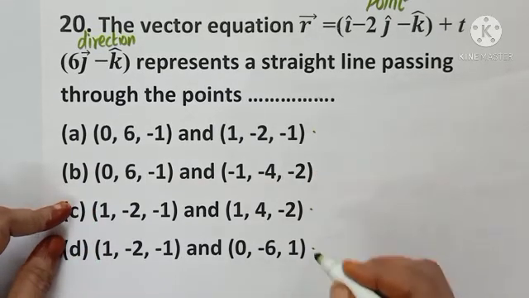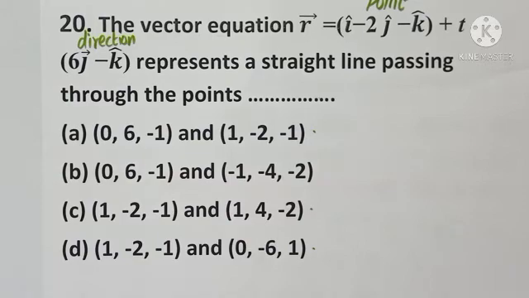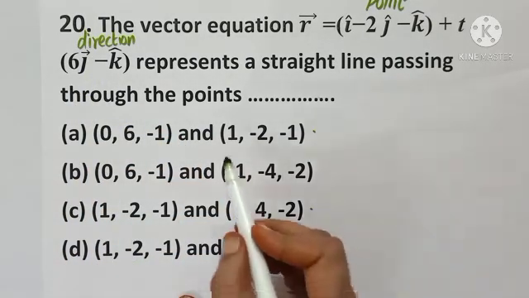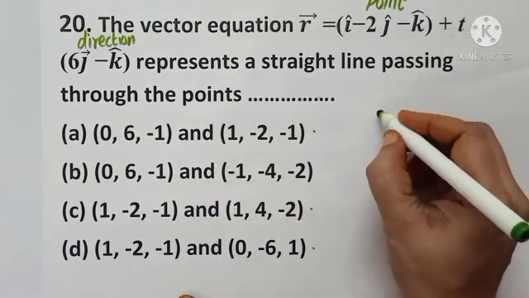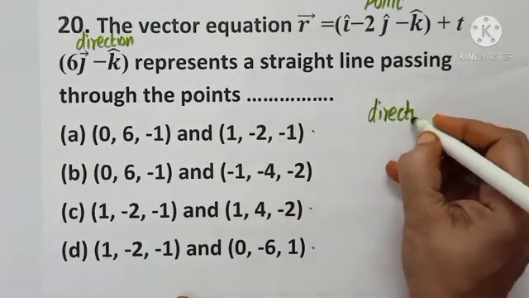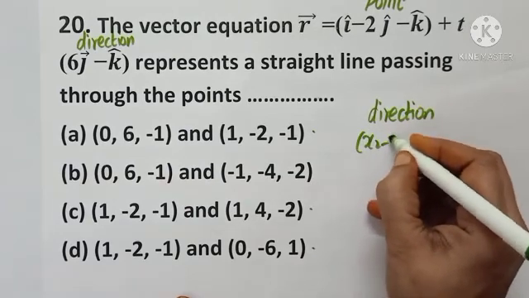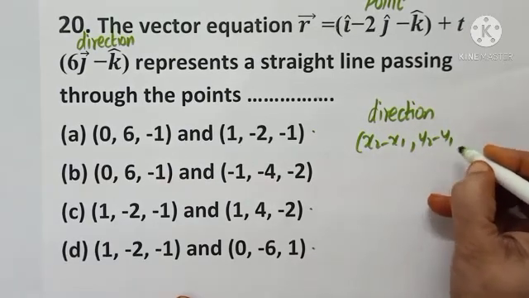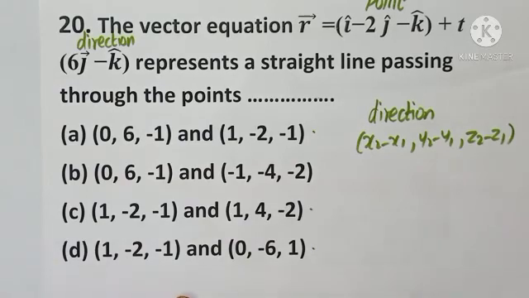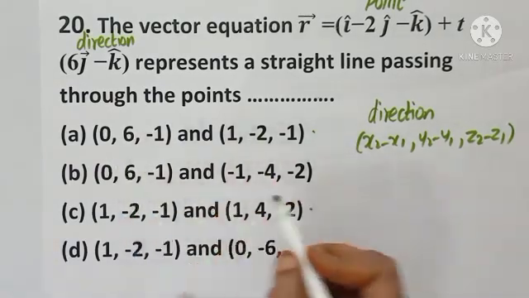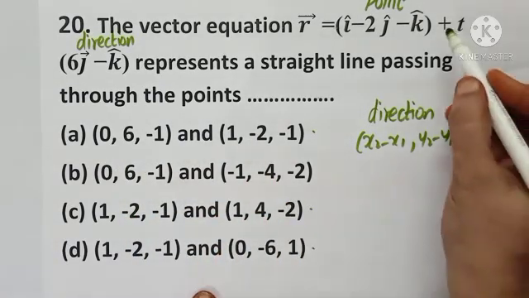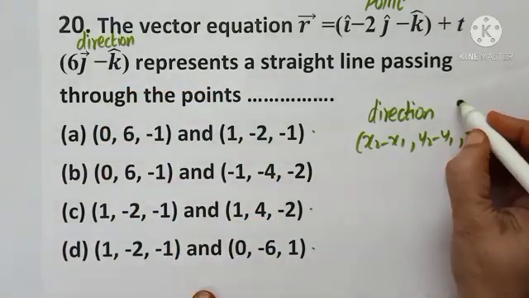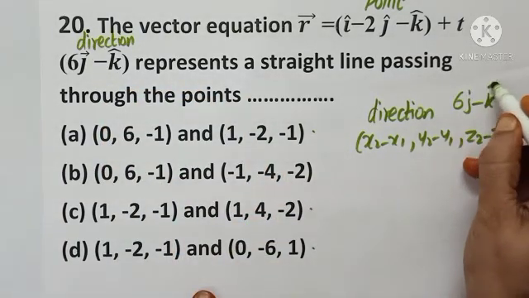But I have to check whether the direction also suits. So to find the direction, what is the direction actually? Direction formula is x2 minus x1, y2 minus y1, z2 minus z1 whenever we are given 2 points. But the direction in the question is 6j minus k.